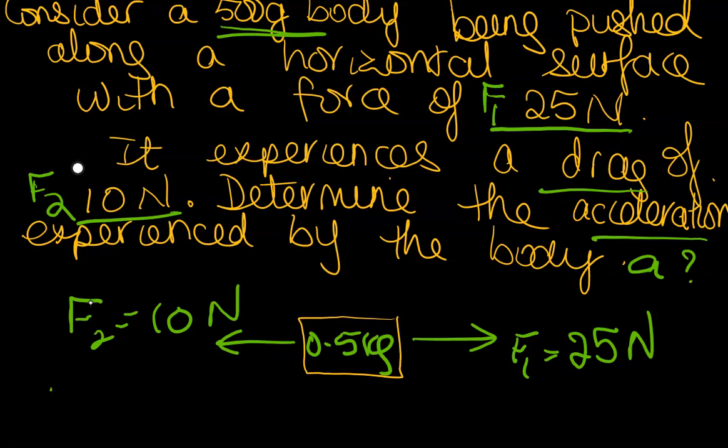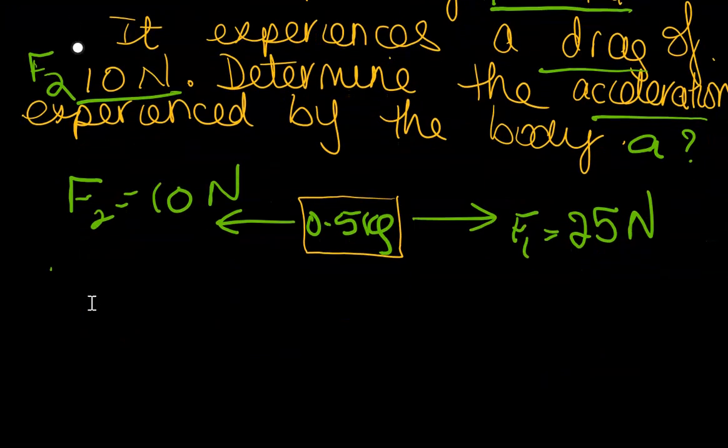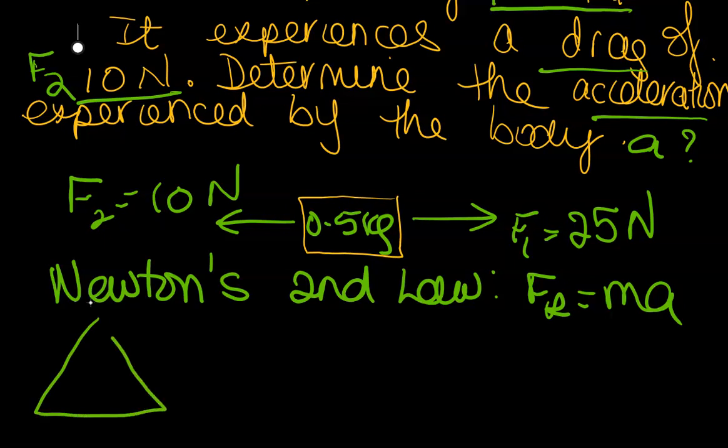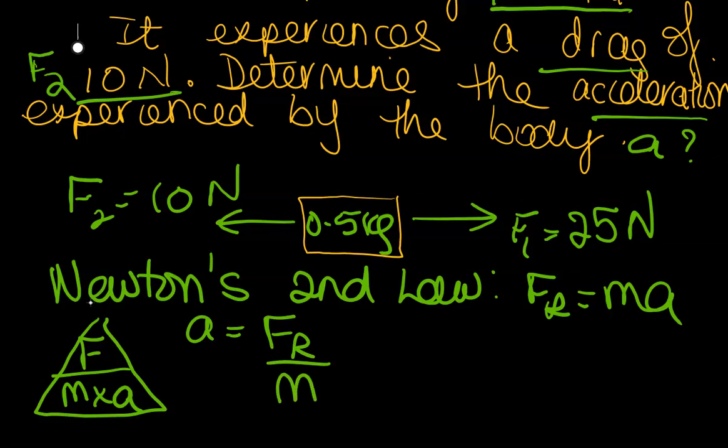So from Newton's second law, my resultant force is ma. If you wanted to show this using a pyramid, we could basically determine A. So A is my resultant force over M.